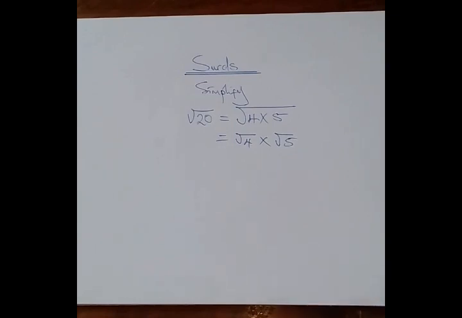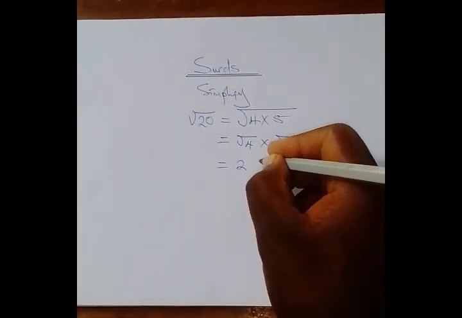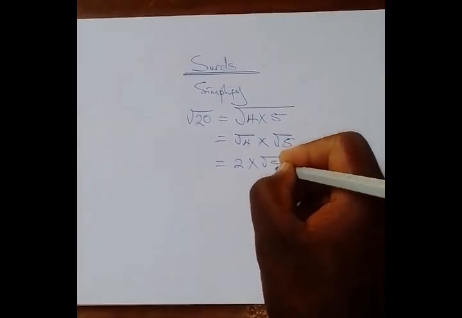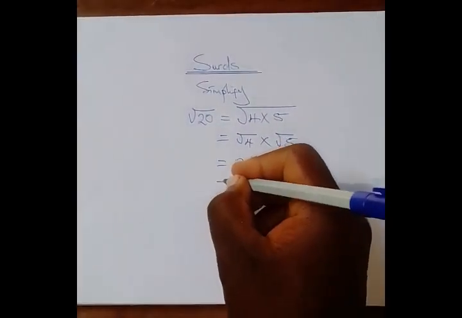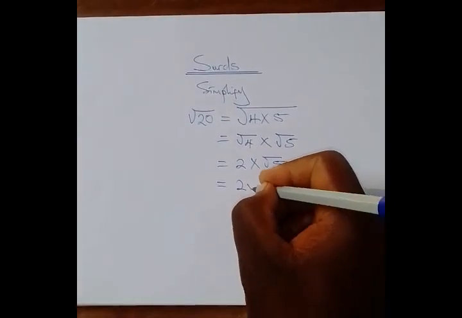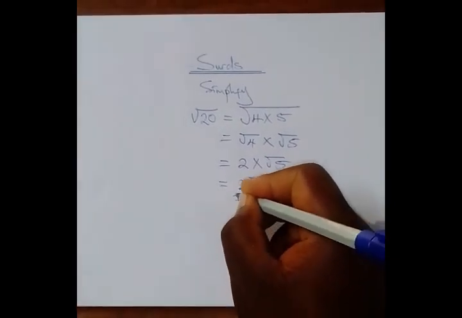So after expanding to this stage, we need to calculate the square root of 4. Everyone knows the square root of 4. The square root of 4 is 2 multiplied by root 5. So kana method yedu yadai, we need to write it as following: 2 root 5. This is our final answer.